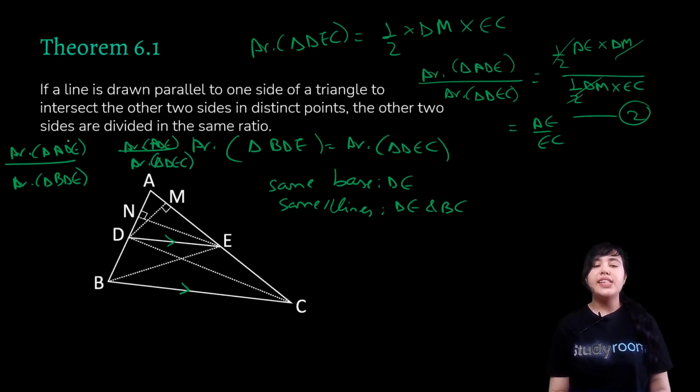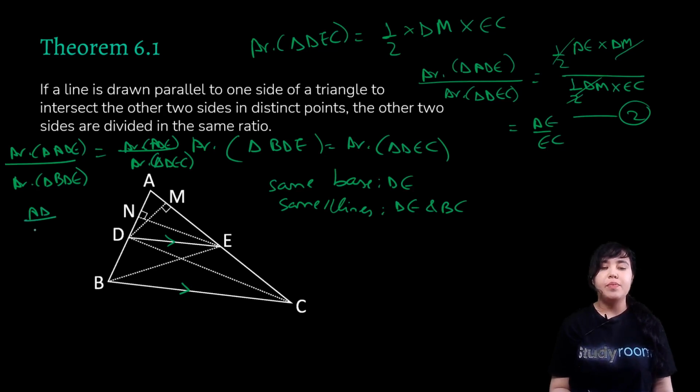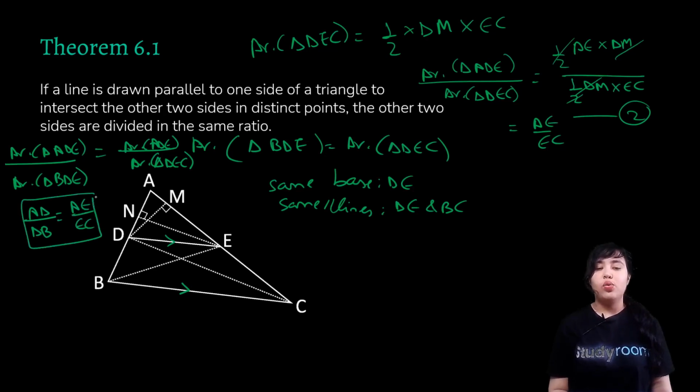So with that, the area of triangle ADE is the same, and the areas of triangle BDE and DEC are also the same. So I can equate the two expressions. I can equate the right hand sides now. The first expression had the right hand side as AD upon DB, and the right hand side of the second expression is AE upon EC. So we saw that if DE is parallel to BC, AD upon DB is AE upon EC. We've proven that as well.